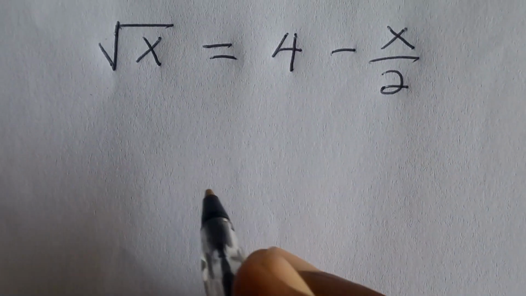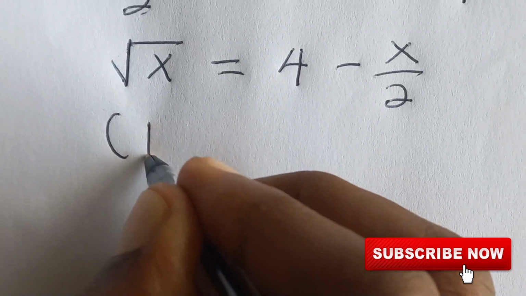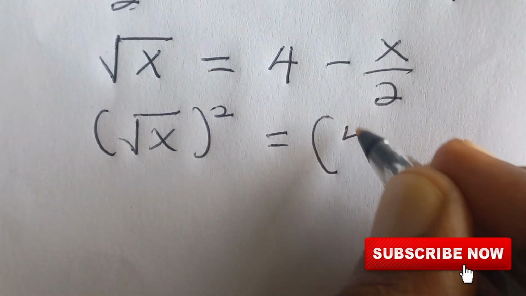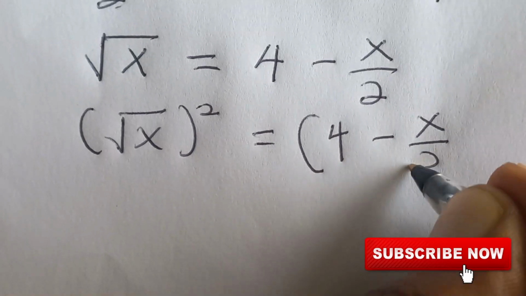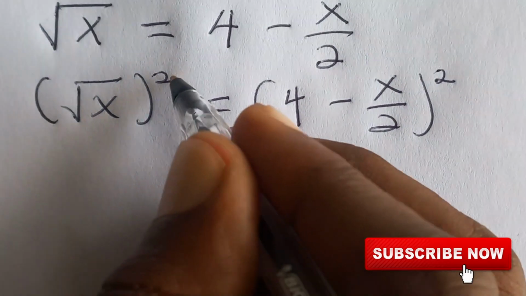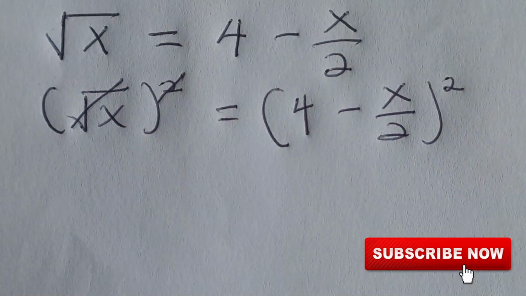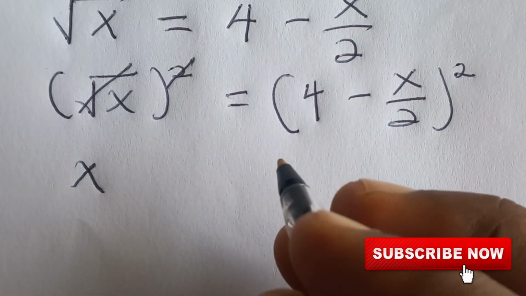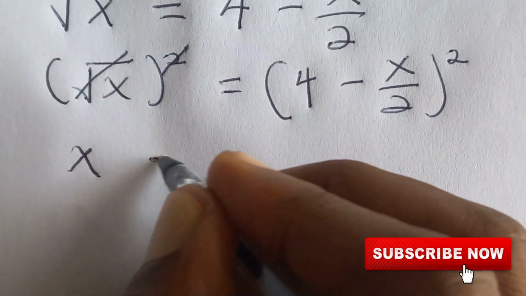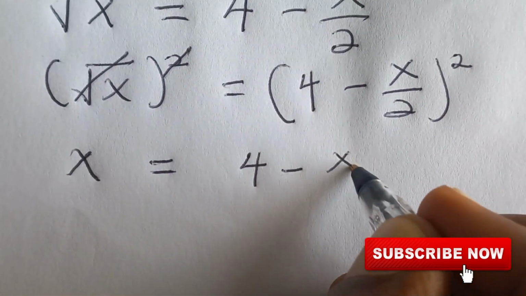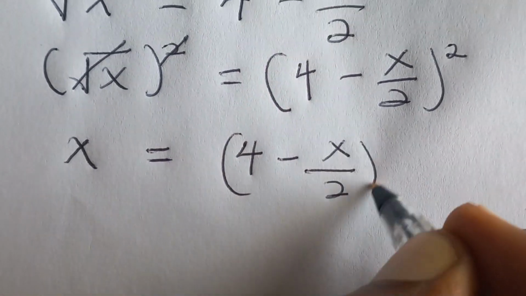So by doing this, square both sides of the equation. These two will take off the square roots, so we're going to get x is equal to 4 minus x on 2, all squared.